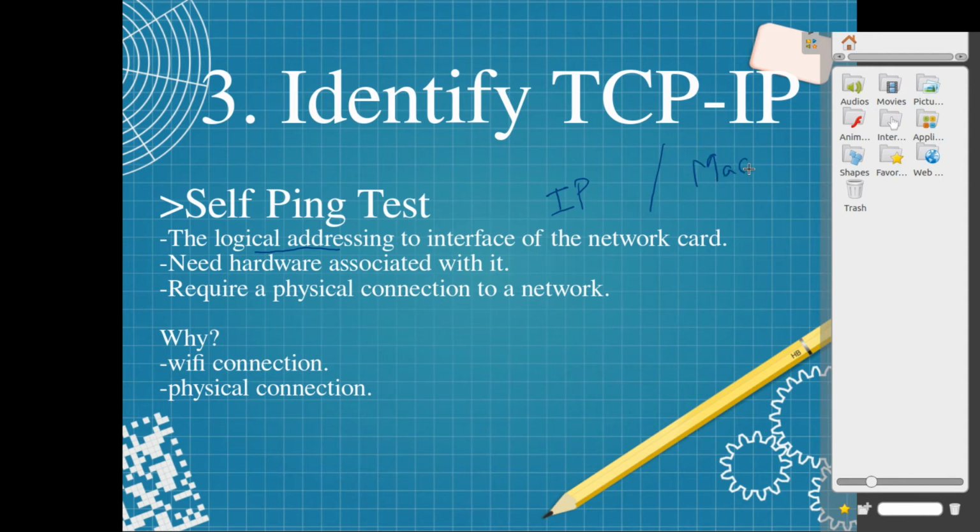We all know that. So this self-ping test is based on the logical address you have locally assigned to your NIC card, and you ping your own IP. That's called a self-test. Then what's the benefit of this self-test?